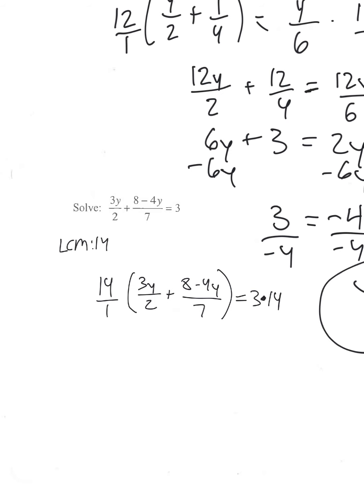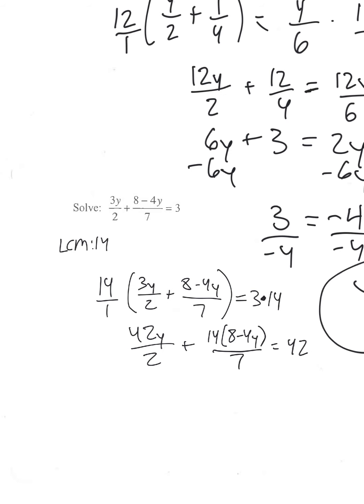Okay, so what happens is that I end up with 42y over 2 plus, now I'm going to put the 14 outside of this expression here rather than distribute it, and I'll show you why in a minute. Ultimately, I could distribute that, and that would be the mathematical approach I could take.